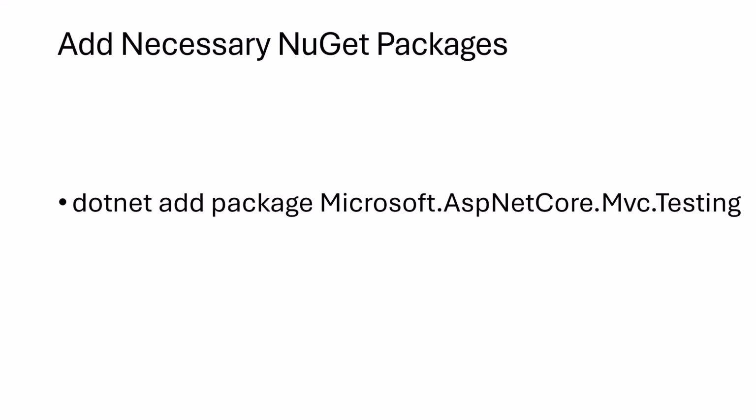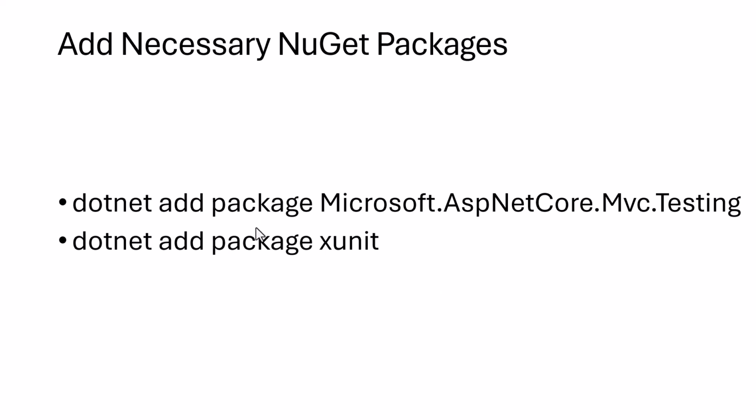Okay. Next, we add the necessary NuGet packages to our project, for working with Web Application Factory first, and then I will take the TestServer, because Web Application Factory we have already used throughout this course, so it will be just a recap and refresher. So first is dotnet add package Microsoft.AspNetCore.Mvc.Testing, and we also need the xUnit test package.